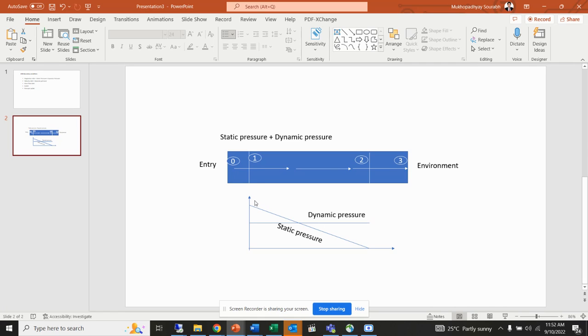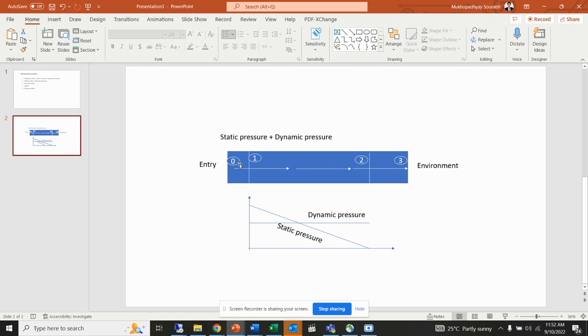Static pressure is nothing but, from 0 to 3, whatever is the system resistance. System resistance means friction resistance or any other resistance, like major resistance, minor resistance, whatever we have read, sudden expansion, sudden contraction, all kinds of resistance it considers. So 0 to 3, whatever is the resistance, that is the static pressure at 0, because the environment is gauge pressure 0.